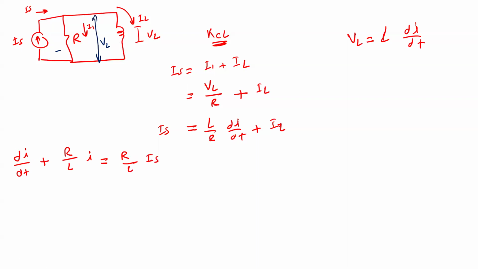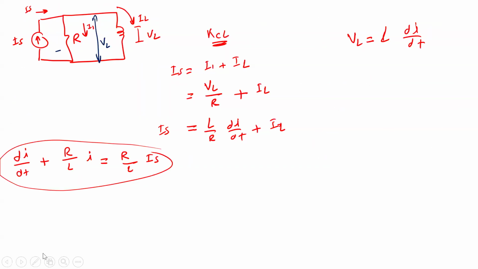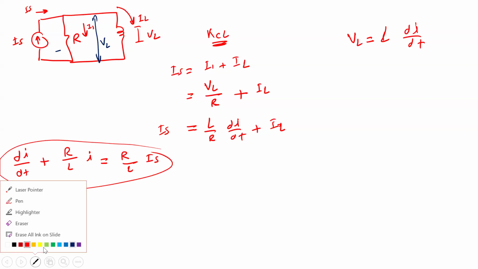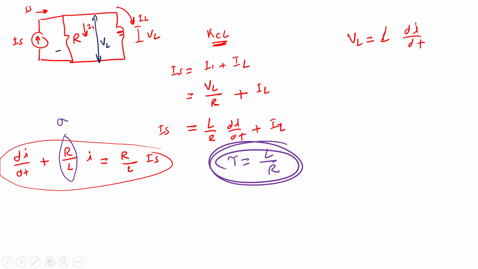If you compare this equation with this equation, it's easy. You can see that this one is A, so tau is equal to L divided by R. That's number one.